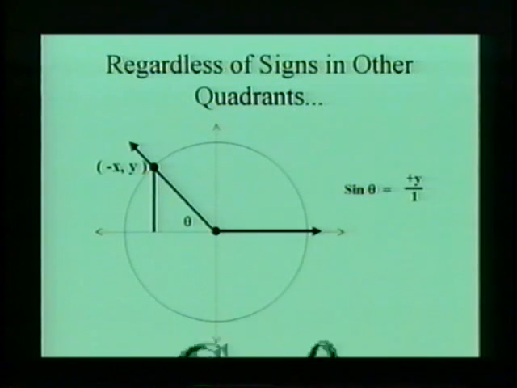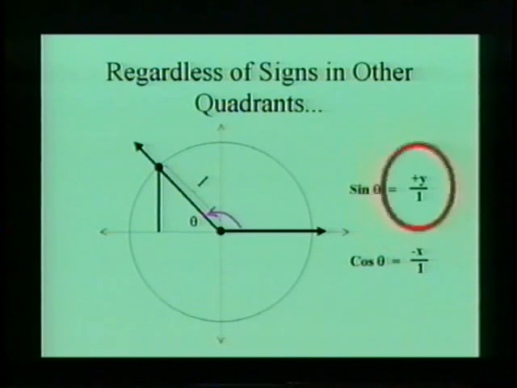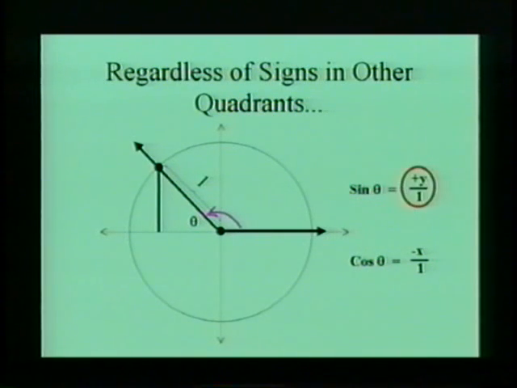And let's get fancy here. In this quadrant, what is the cosine? Well, the cosine is negative. The cosine is negative x over 1, but it's negative x anyway. And this works for any quadrant. So couldn't we say that, the radius being 1, the sine being y over 1, and the cosine being negative x over 1, you could say negative x instead of negative x over 1.